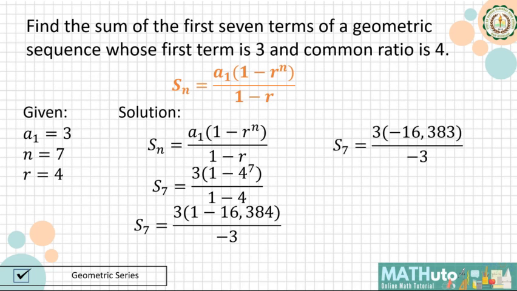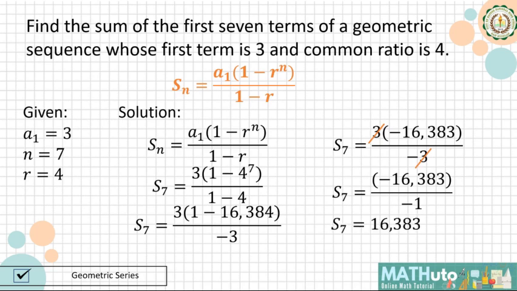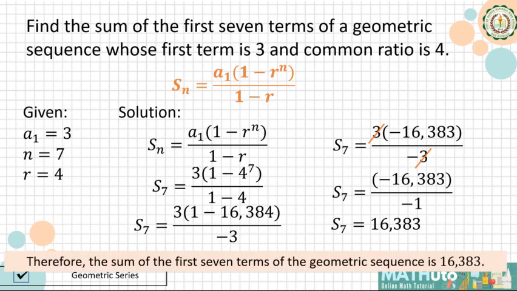Then, let us divide 3 and negative 3 from the numerator and the denominator. This will become negative 16,383 divided by negative 1. And now, the final answer is 16,383. Therefore, the sum of the first 7 terms of the geometric sequence is 16,383.